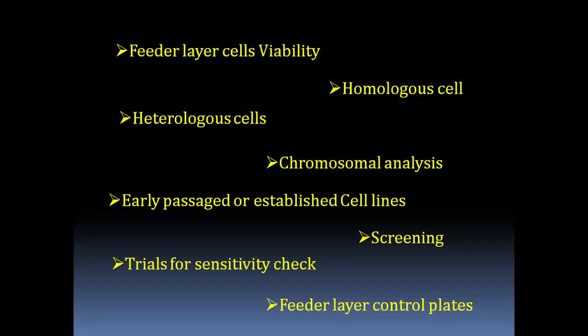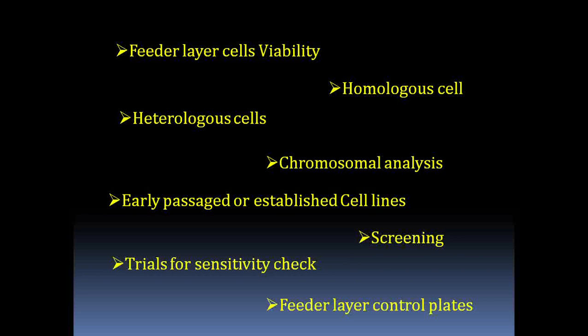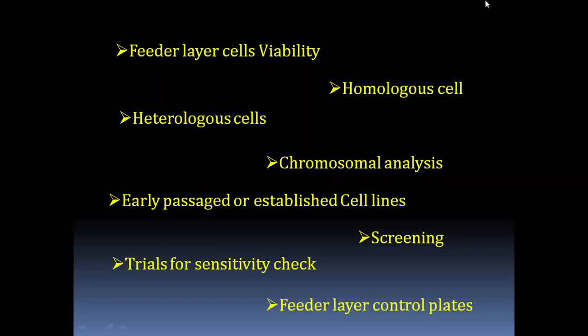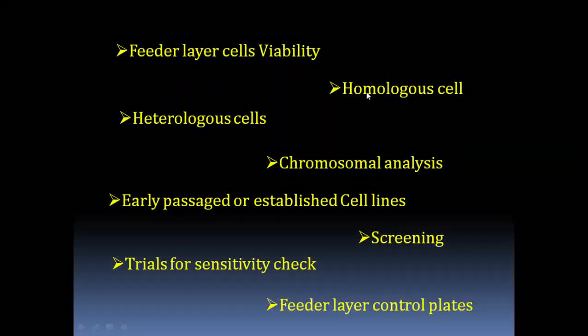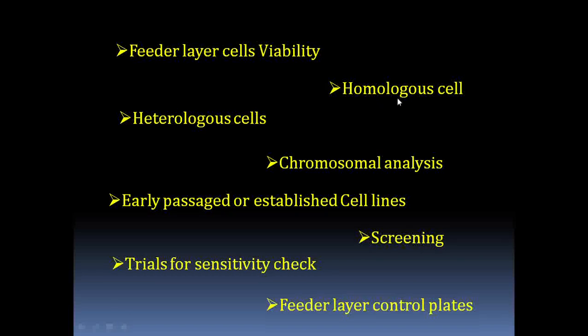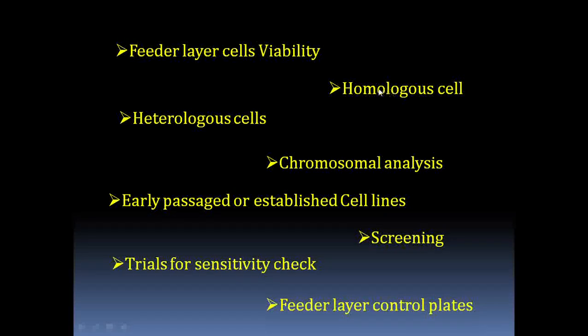So the other part: I can go for a homologous cell or a heterologous cell. A homologous cell is more familiar to my cloning cell, so it will definitely not add to my contamination.